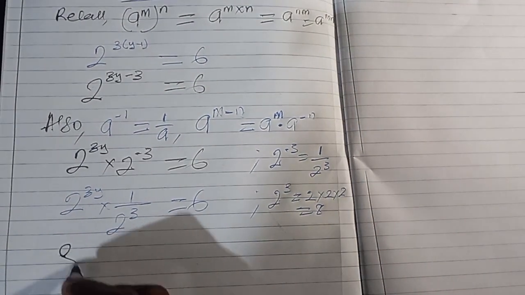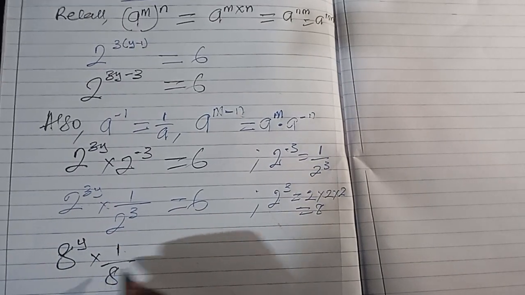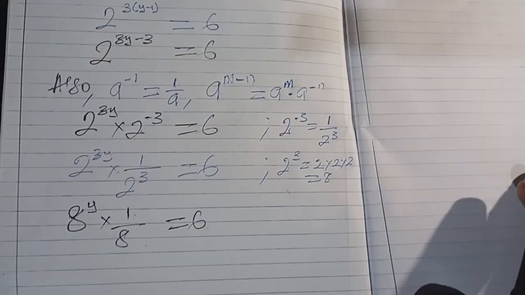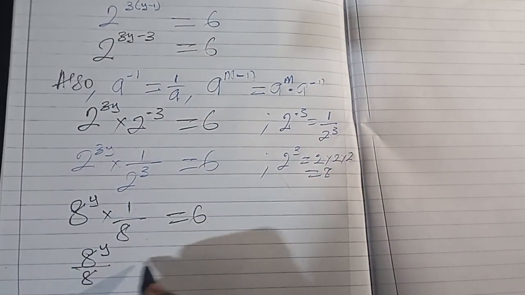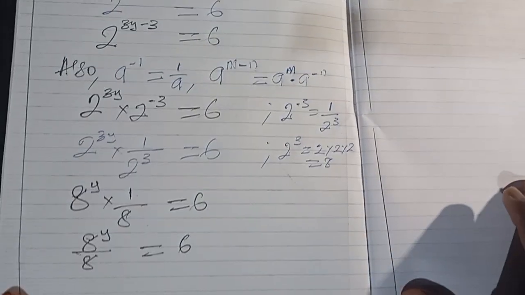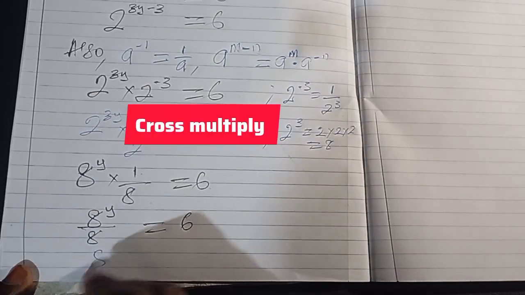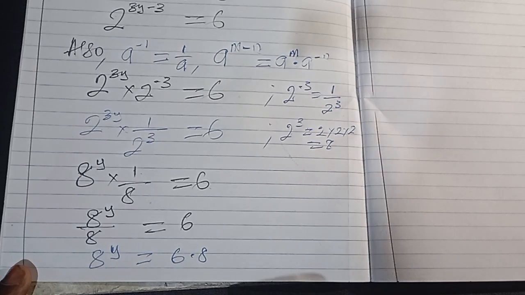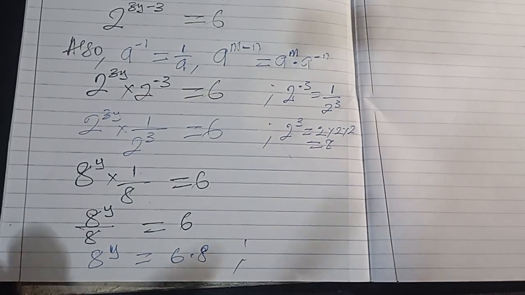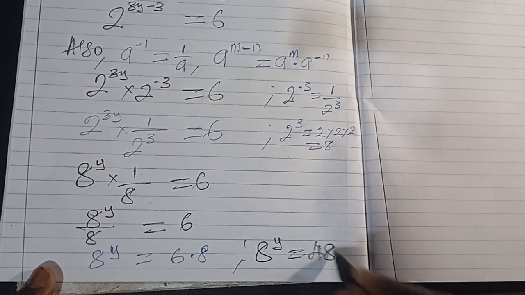So we have 8 raised to power y multiplied by 1 over 8 equals 6, so 8 raised to power y divided by 8 equals 6. Expressing further, 8 raised to power y equals 6 multiplied by 8, which is 48.